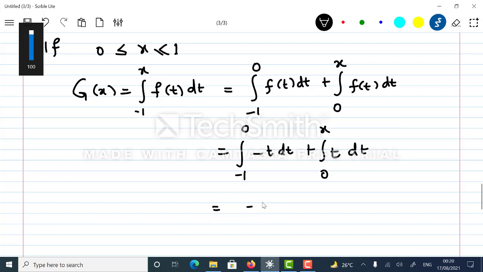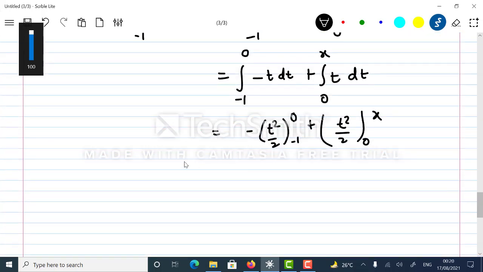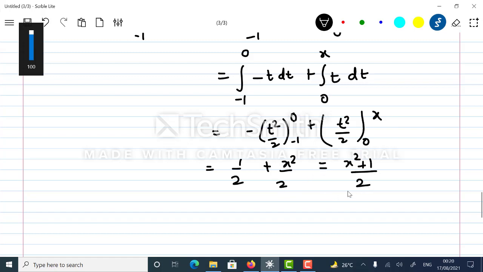It is minus t square by 2 from -1 to 0 plus t square by 2 from 0 to x. So it is 1 by 2 plus x square by 2. So finally we got x square plus 1 upon 2.